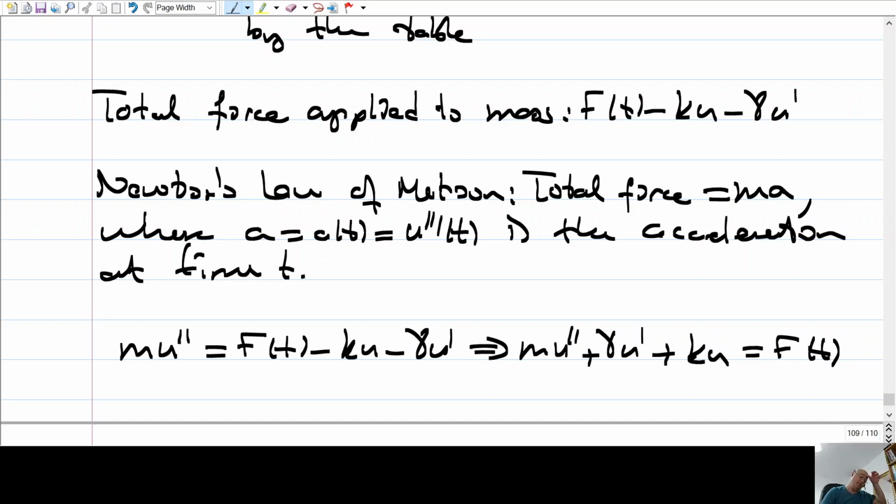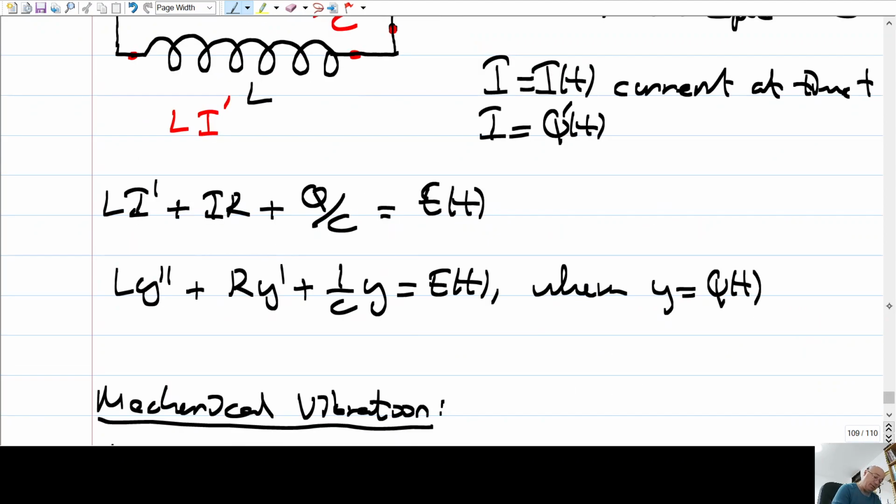So that's the equation we obtained. Note that this equation is the same as the equation we have here, right? Same equation, only the constants have different names.